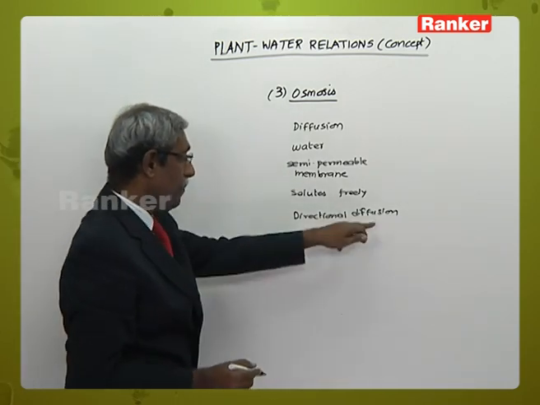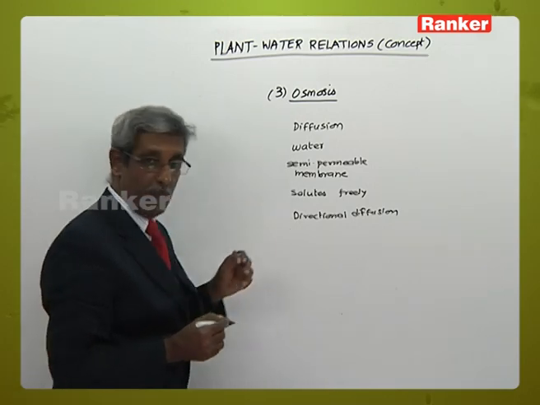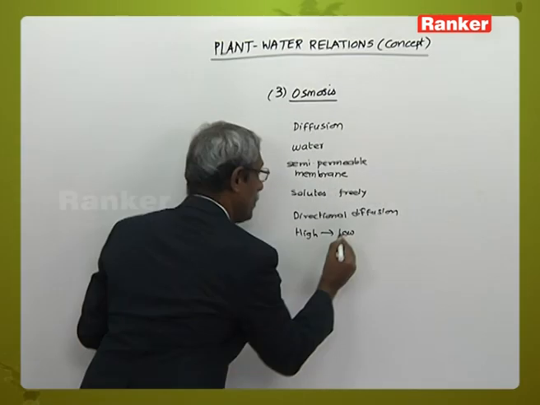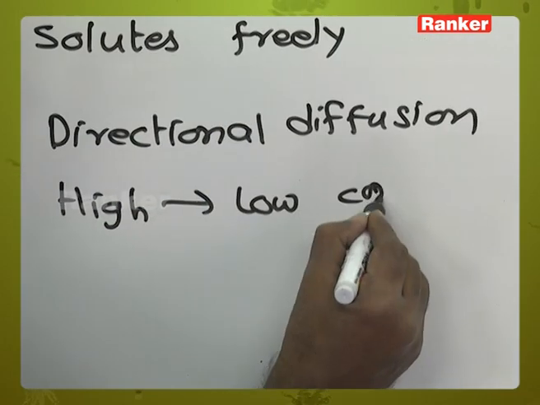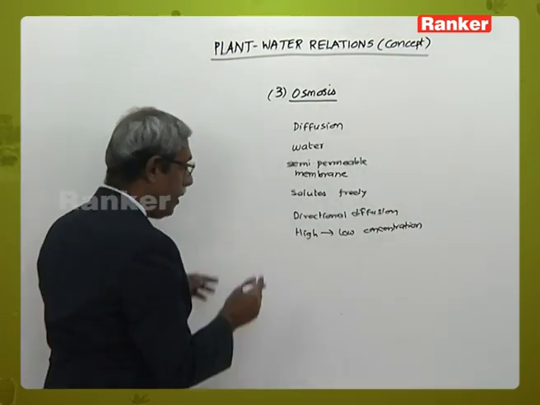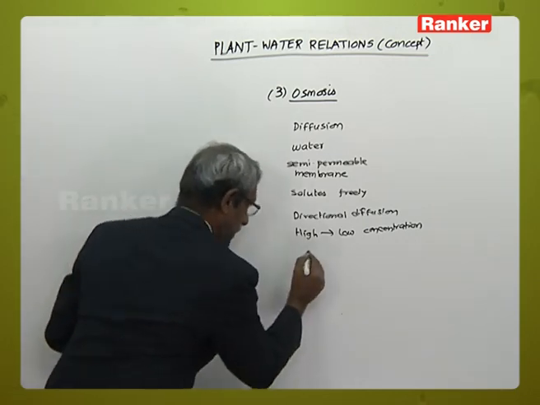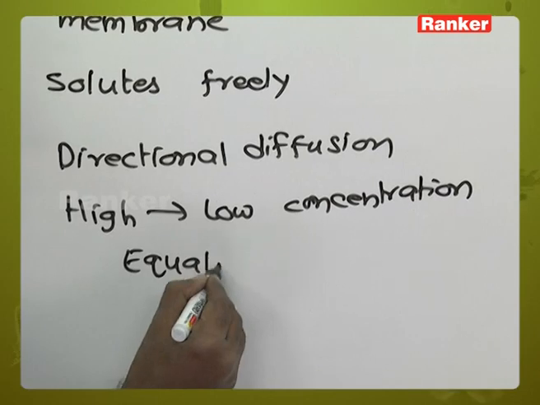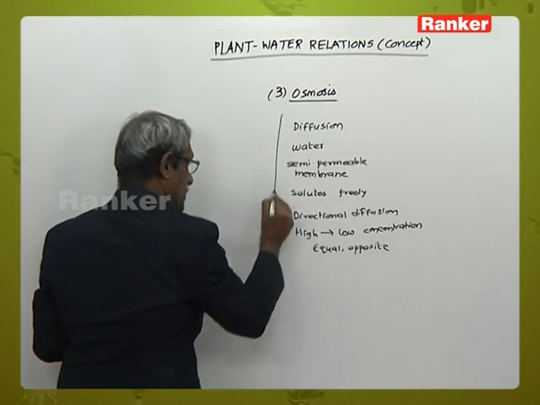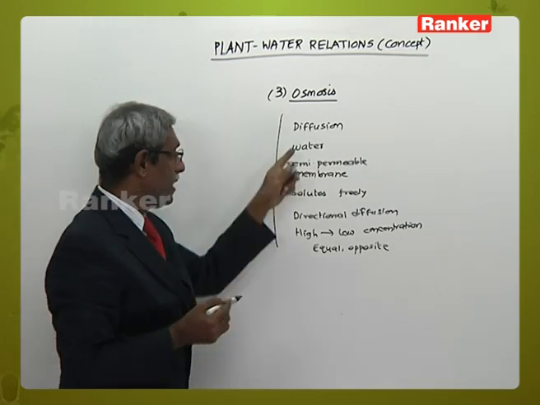How does osmosis differ from diffusion? It is more directional. The movement is always from a region of high to lower concentration. And always the forces, especially with relation to potentials, are equal and opposite. So the basic property of osmosis is diffusion of water. It primarily relates to diffusion of water.